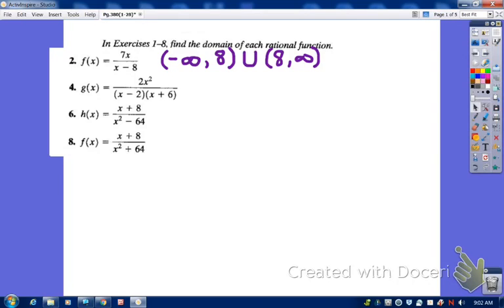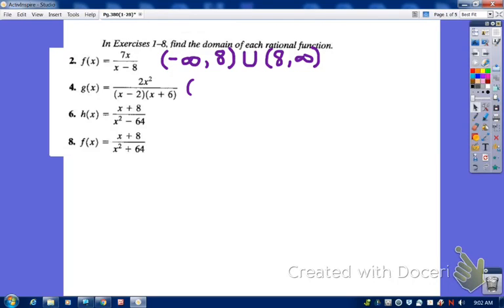There are two values that x cannot be. What are they? 2 and negative 6. Okay, if you need to write that down, x cannot be 2 or negative 6. But this time, there's two values that x cannot be.